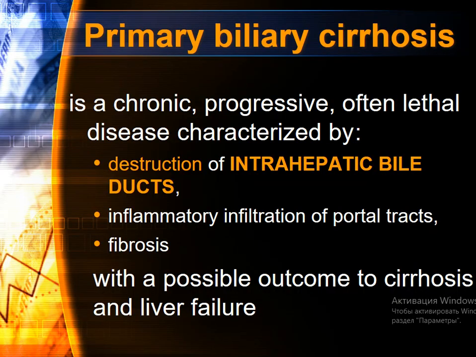Primary biliary cirrhosis, another disease from this group, is a chronic, progressive, often lethal disease characterized by destruction of intrahepatic bile ducts, inflammatory infiltration of portal tracts, and fibrosis, with a possible outcome of cirrhosis and liver failure.